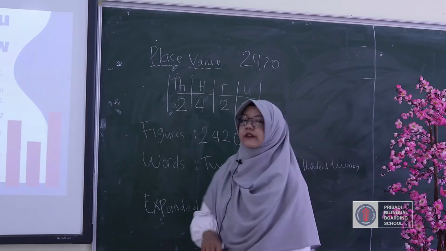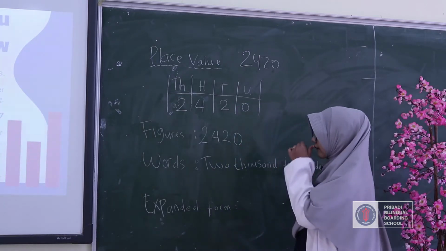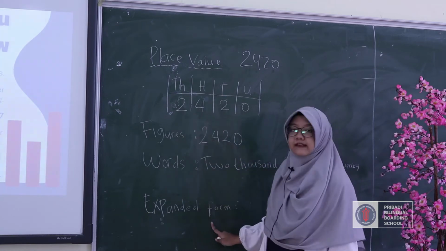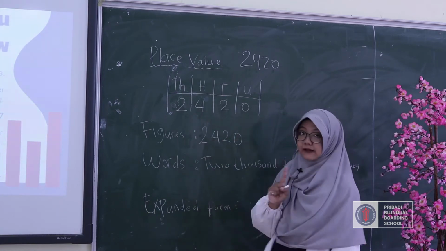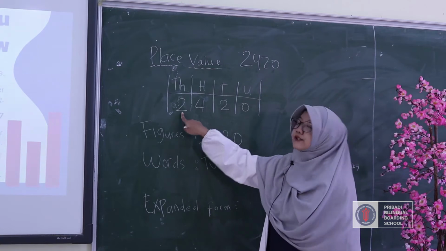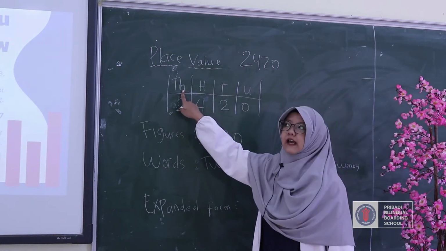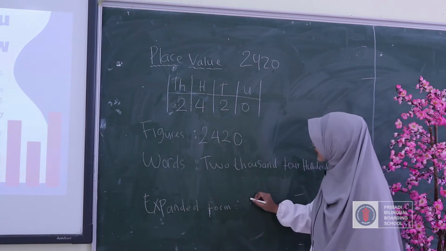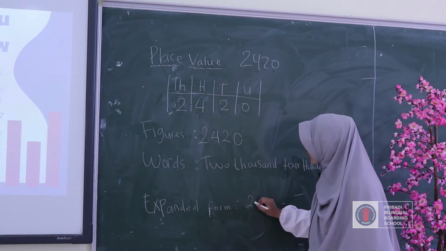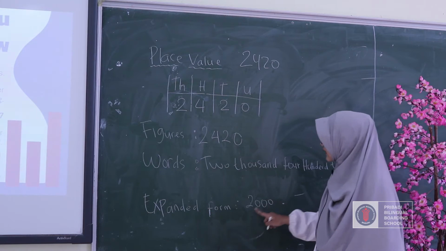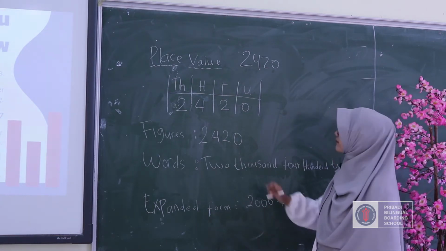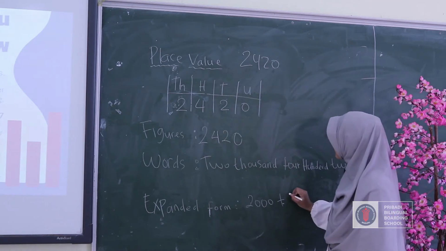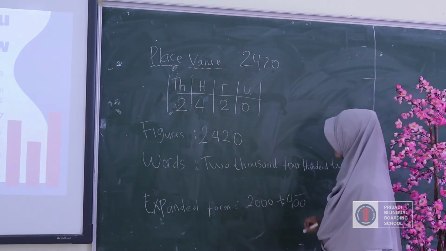So here are the words for these 4-digit numbers. And now, how about expanded form? For expanded form, you can also use this table to write it down here. For example, because we have 2 in the thousands, which is 1,000, how many 0s does it have? 3, right? So we can just directly put it here, expanded form 2,000 plus, because we have 4 in the hundreds, we can just directly write 400.